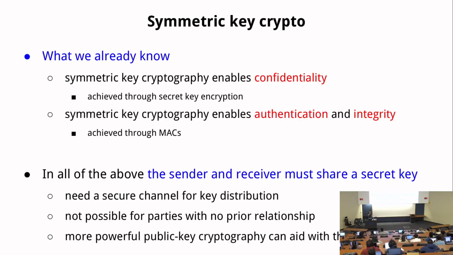However, symmetric key crypto has one big disadvantage: before the communication, you have to somehow share the secret key between those two communicating parties, which means you need a secure channel for key distribution. But usually you don't have a secure channel there.